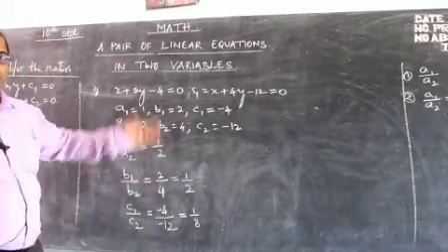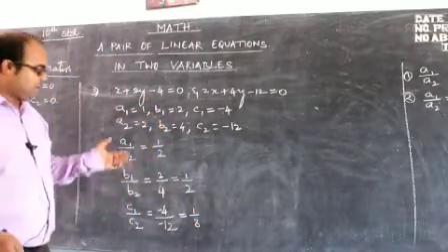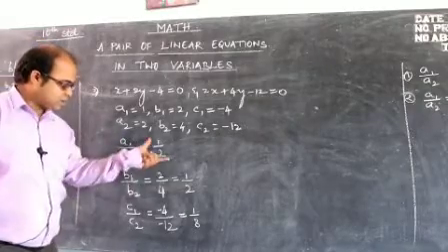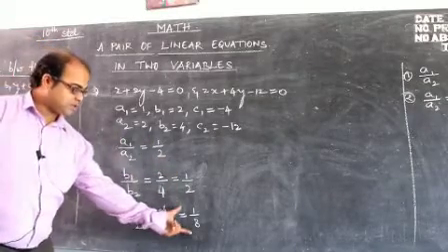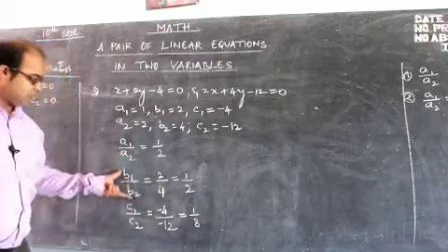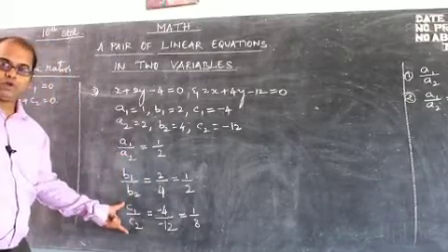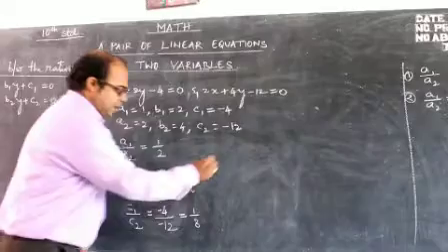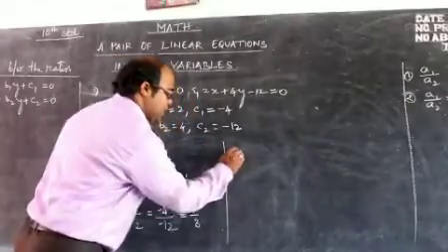So what relation are we going to get here? If you observe, these two answers are the same, but this answer is different. So these two are equal and this is not equal. That is the relation.